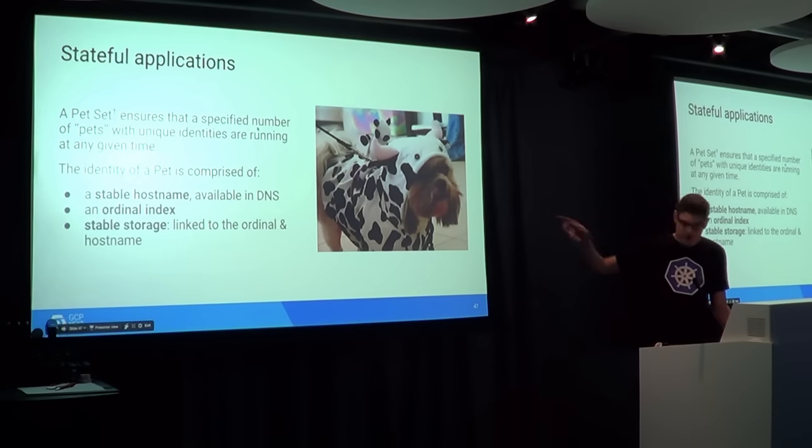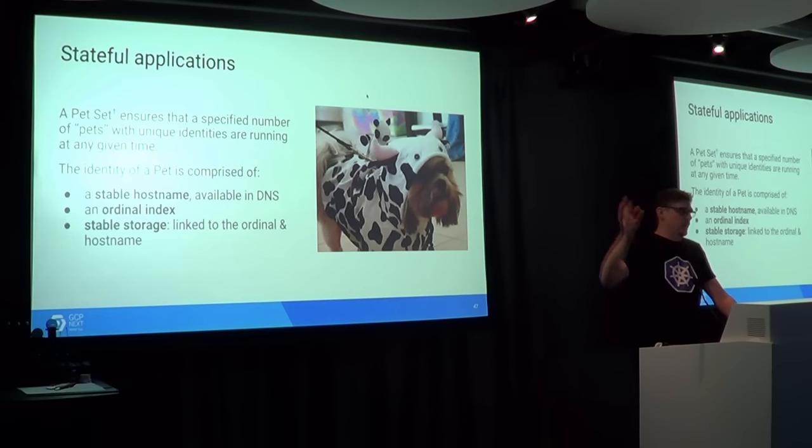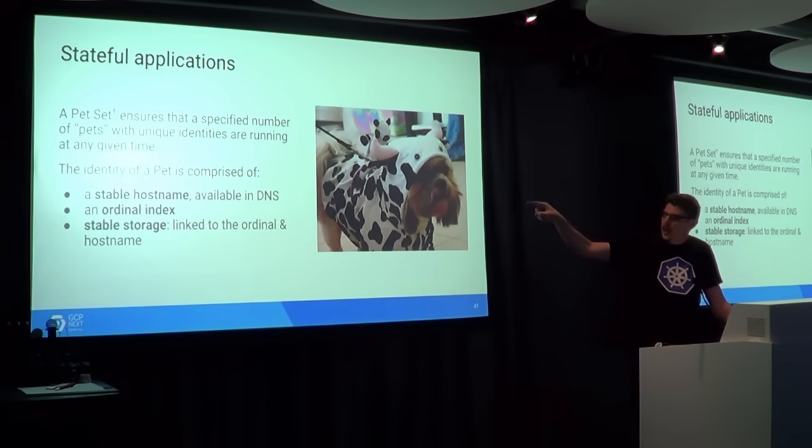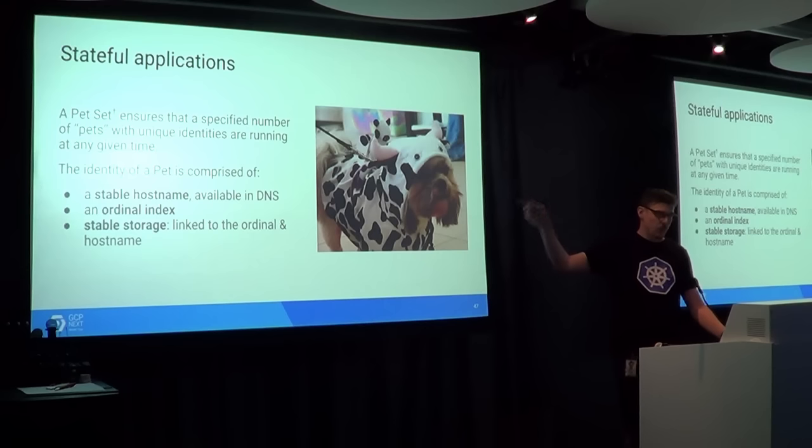But as opposed to our replicas, the pods that we saw before just get a random token at the end for their name. What we want with a pet is a stable host name that we can guarantee, and we want them to have an order. So instead of just a random token at the end, you say this is pet number 0 or pet number 1.